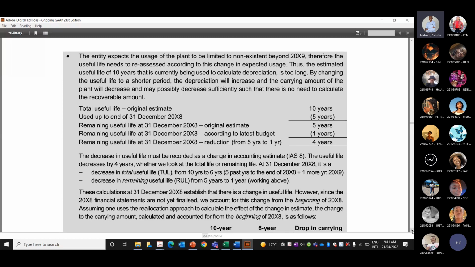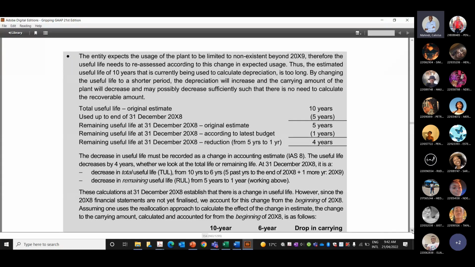We have to reassess the variables of depreciation because it might have been that our original estimates were incorrect. In order to make sure that the estimates were valid, we reassess those variables of depreciation so that we can adjust our carrying amount.